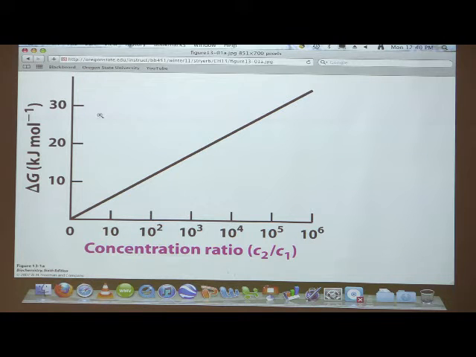Now, what I haven't done is I haven't described to you the situation where I have to work against a concentration gradient. Okay? Working against a concentration gradient requires an external source of energy. Okay? And I'm going to give you a definition for this type of transport. It's called active transport, that I want you to remember, because if you remember the definition, you will find some things a lot less confusing later.